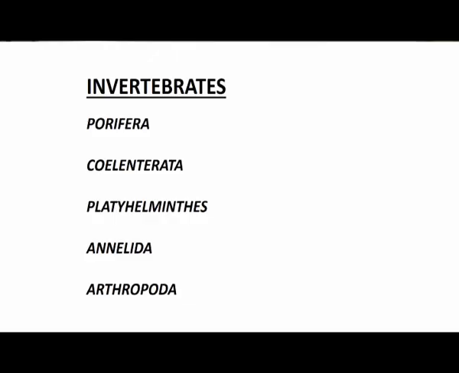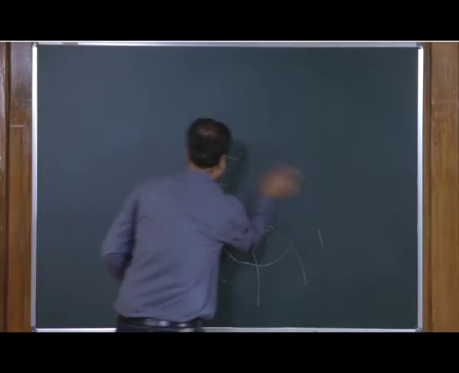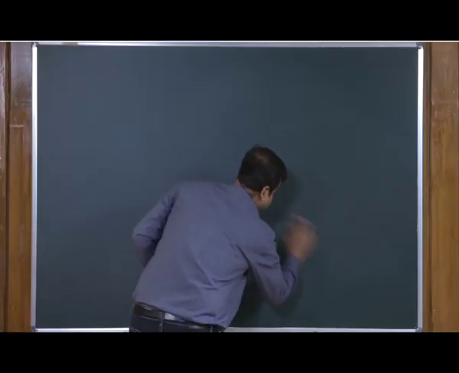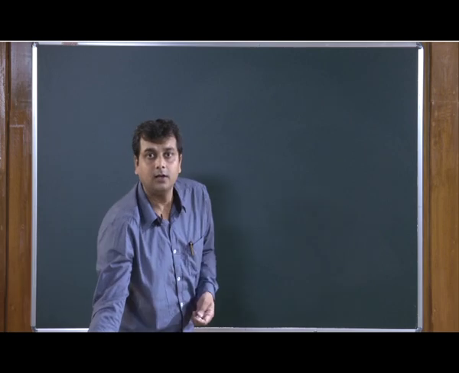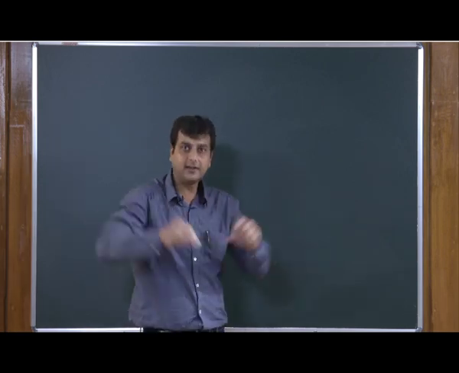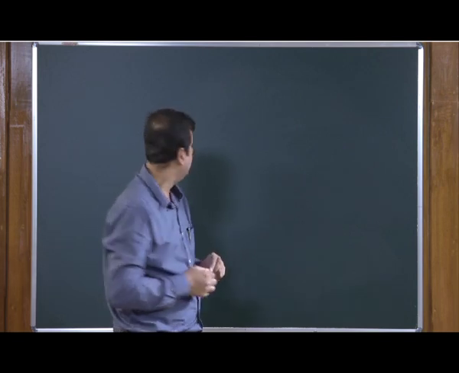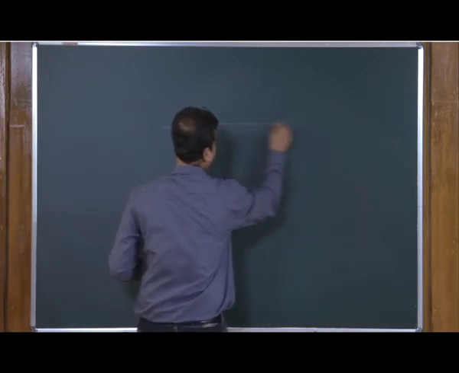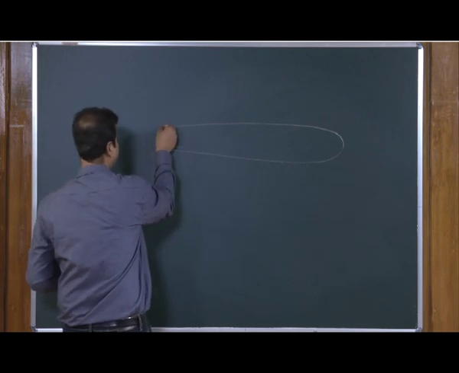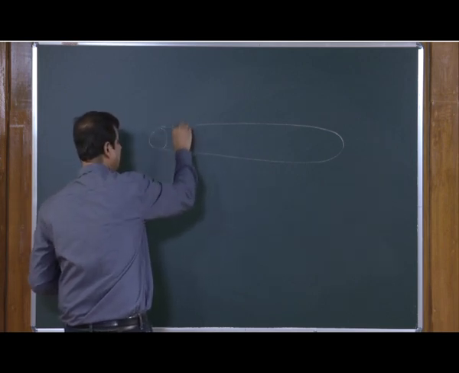The next in the slide is Annelida. This Annelida includes organisms which are round and cylindrical in nature, and a classical example is the earthworm. The earthworm is cylindrical, and their whole body is segmented.